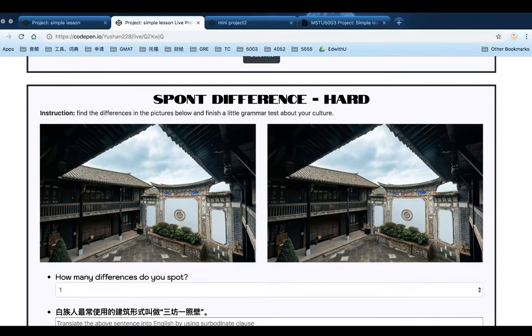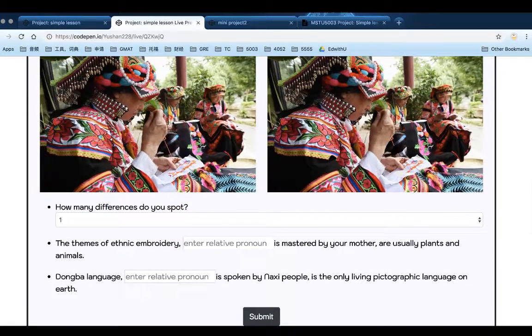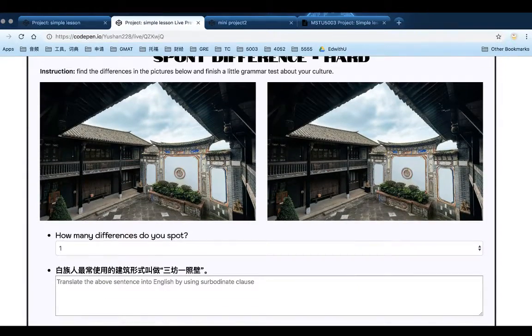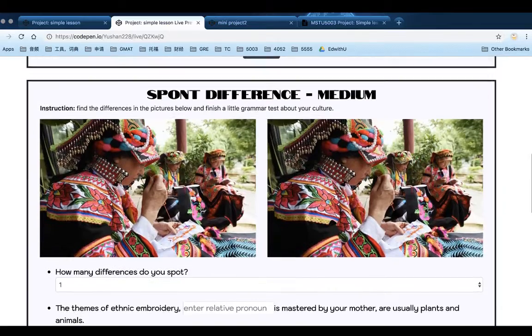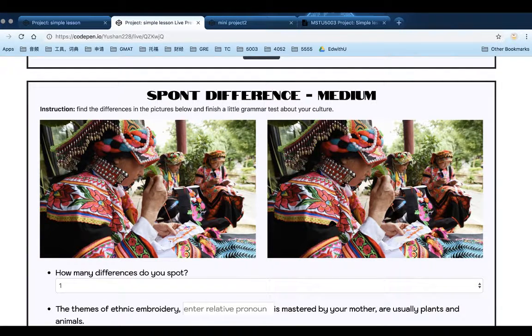More differences need to be spotted in higher levels. By spending time looking at the differences, students are unconsciously exposed to their own culture. I think playing the game is more likely to trigger a positive attitude than listening to a didactic lecture.